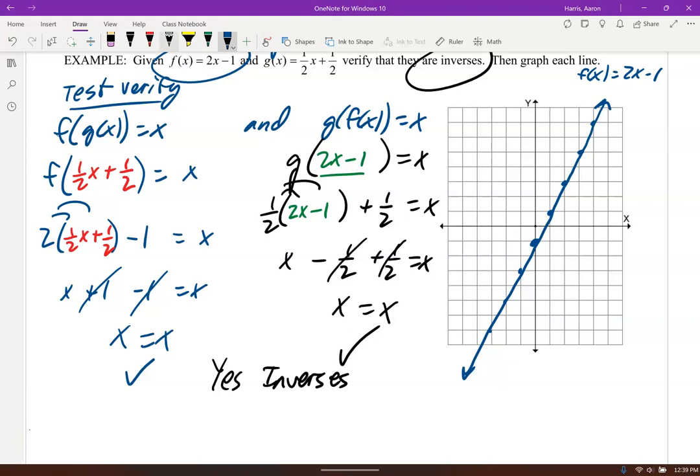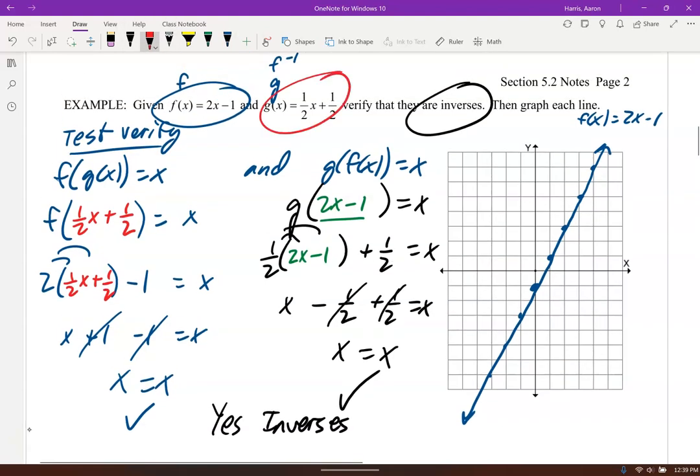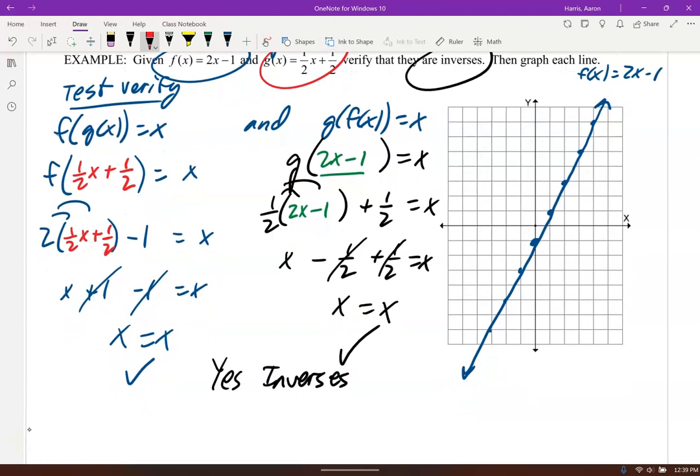line, and the g of x, I'll do that in red, is 1/2 x plus 1/2. So it has a y-intercept of 1/2, and from there I'm up 1, right 2. Up 1, right 2, and so on. Or you could go down 1, left 2.